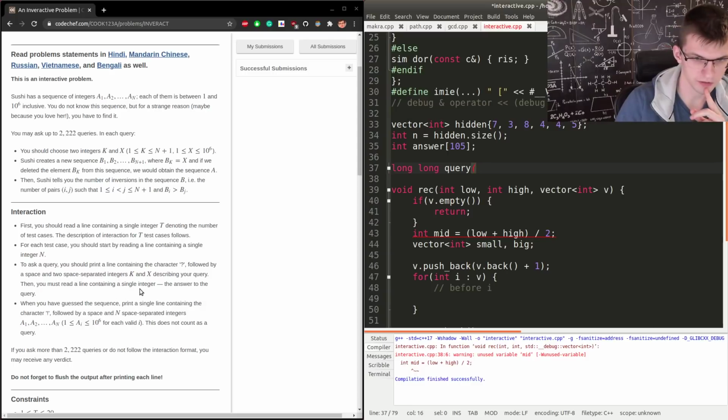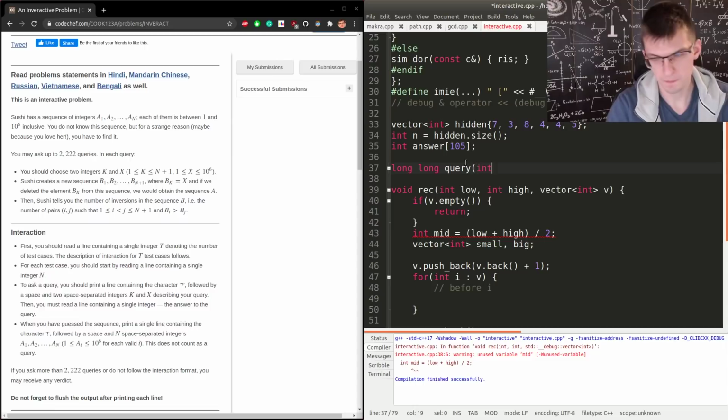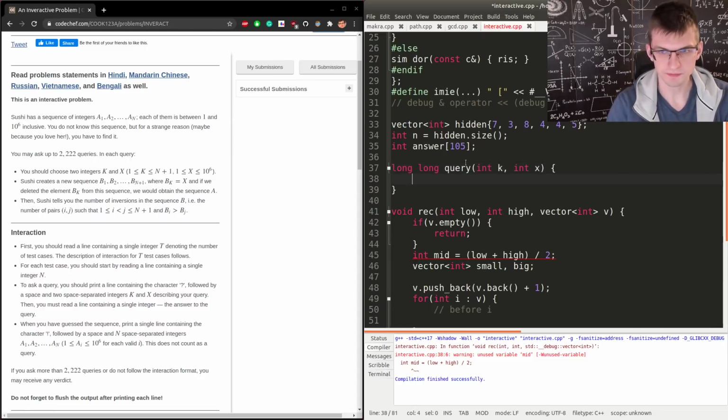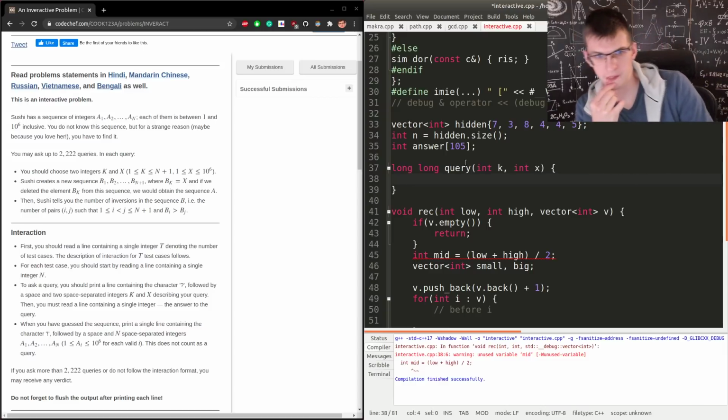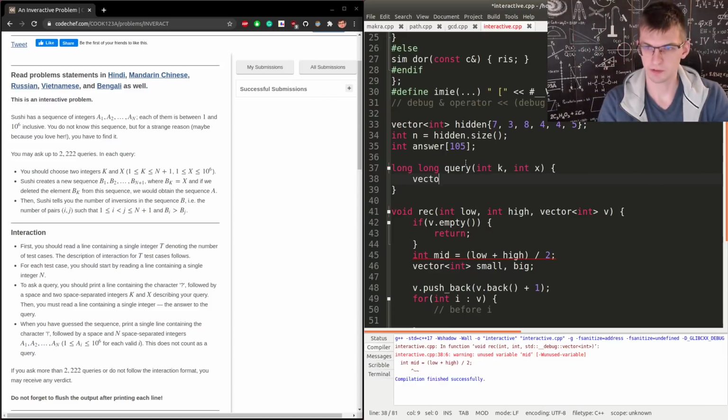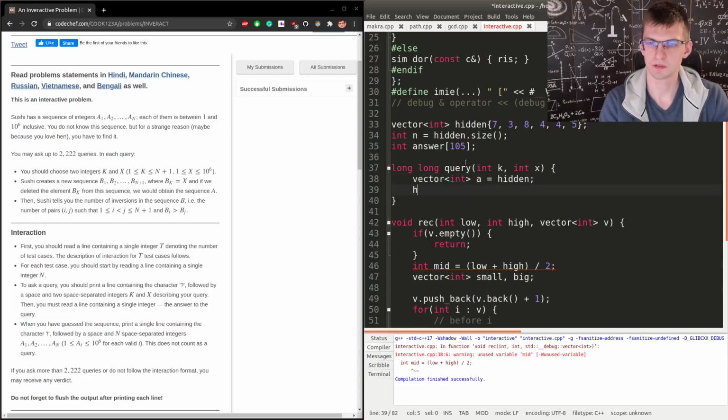What does a query contain? K and X. The number of inversions. Is there insert?